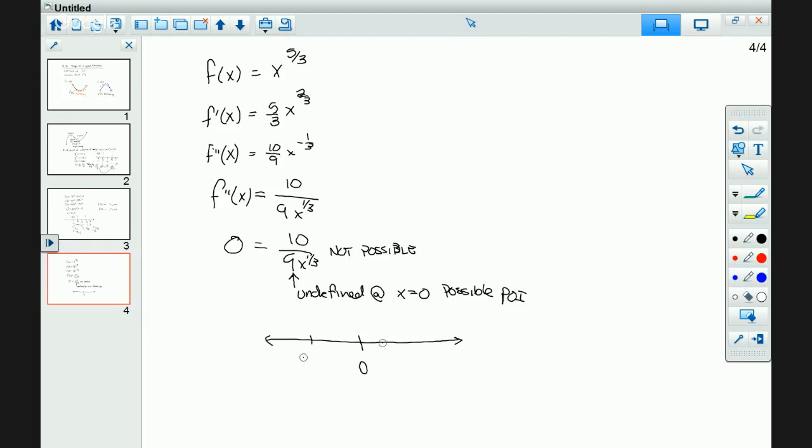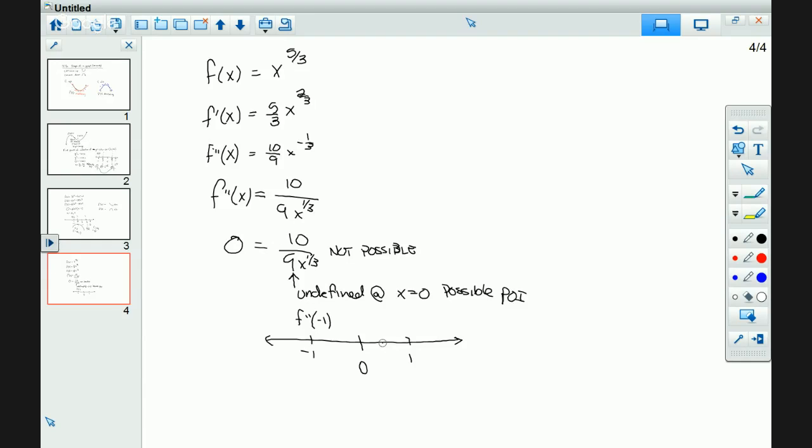Zero, -1 and 1. Okay, if I plug -1 in, what do I get? It's gonna be a negative. What's the cube root of -1? Is it a negative?